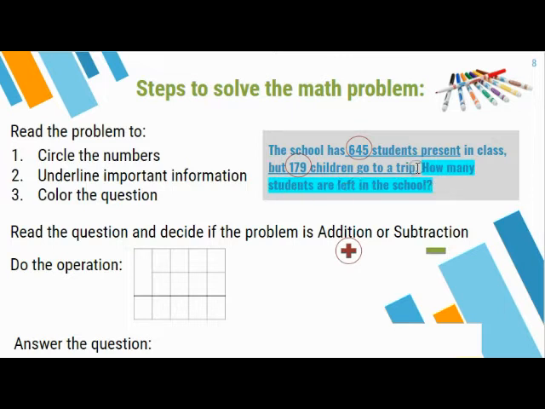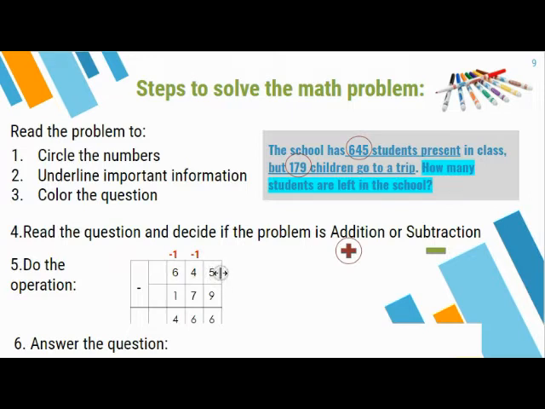After you read the problem once, twice, or 3 times, you can decide if it's an addition or a subtraction. If you paid attention, you remember that the word left indicates a subtraction. So, you need to write the numbers to do the operation.